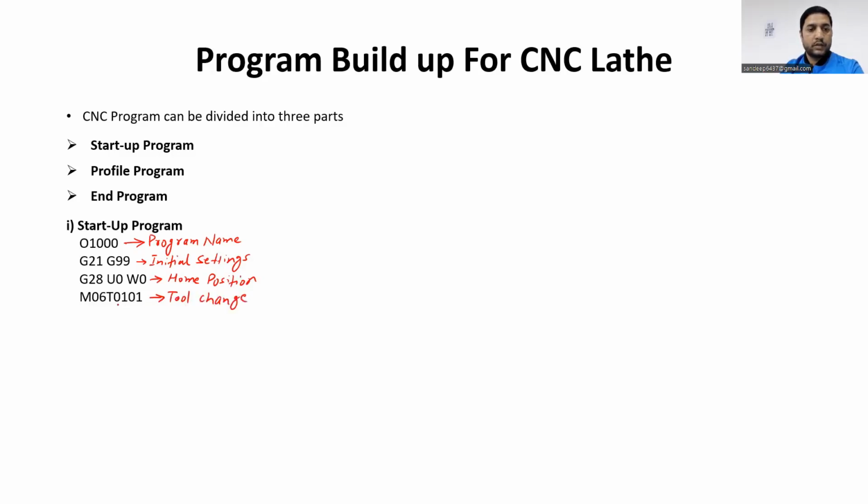Now in tool change, this 01 is the tool number and the next 01 is the tool offset. Let me write here. This 01 stands for tool number. Next 01 stands for tool offset.